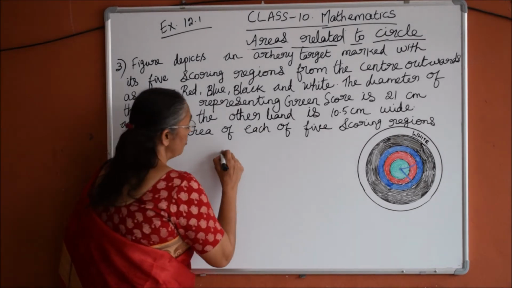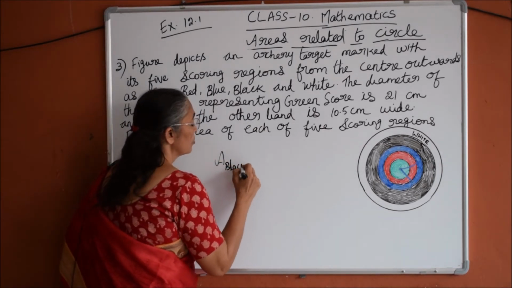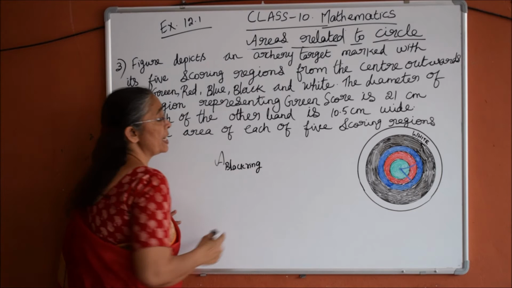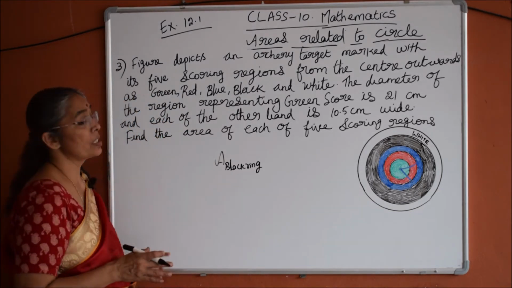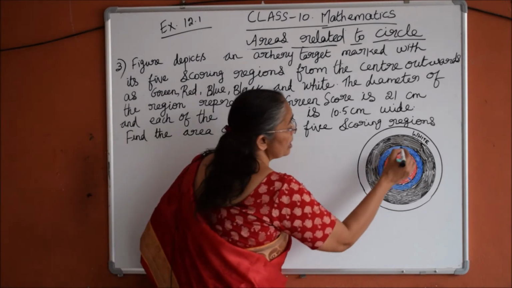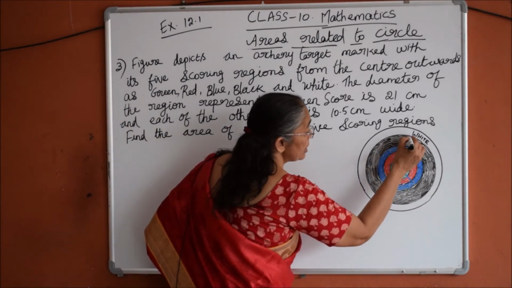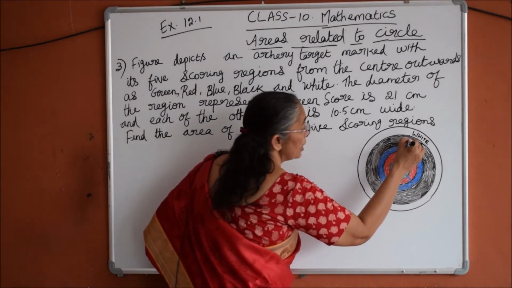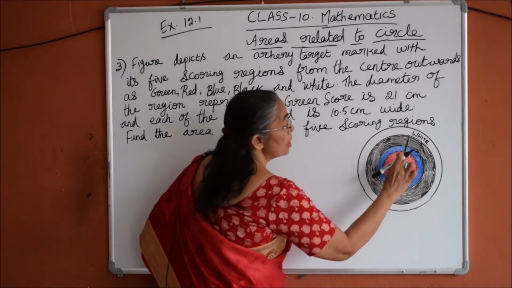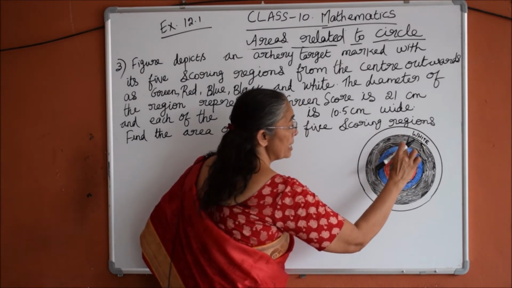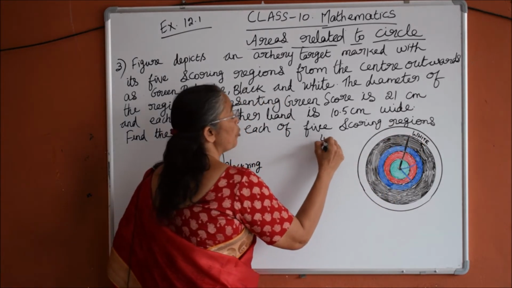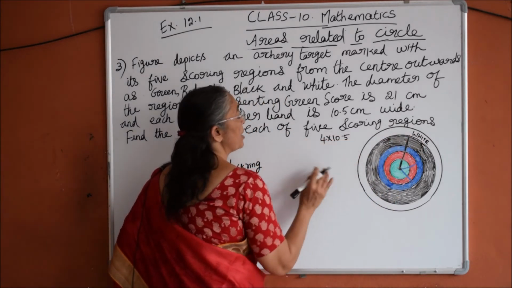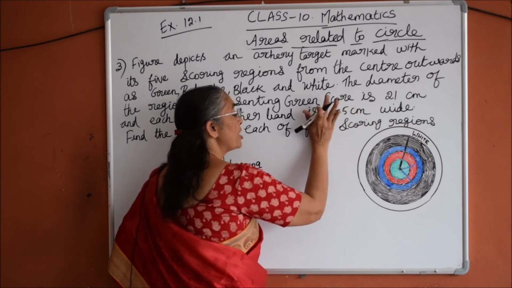Next, the area of the black ring. In each ring area you have to find out what is capital R and what is small r. For the black ring, the radius from the center to this distance is 10.5 plus 10.5 plus 10.5 plus 10.5, which is 4 times 10.5, nothing but 42.